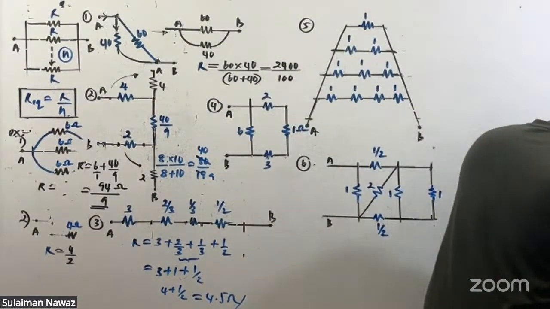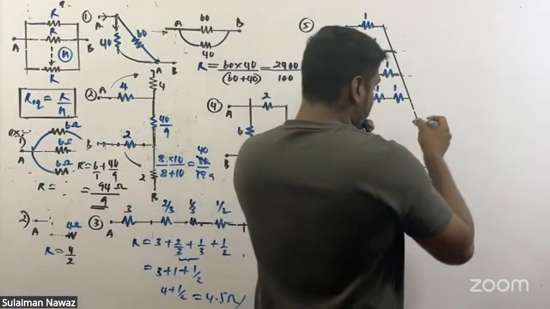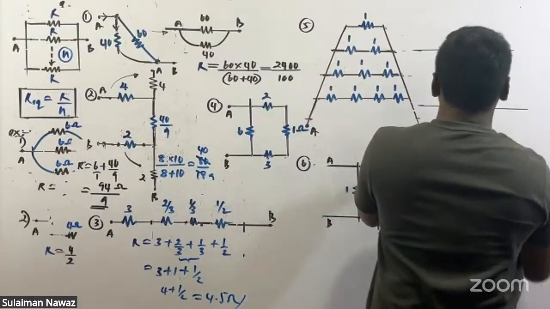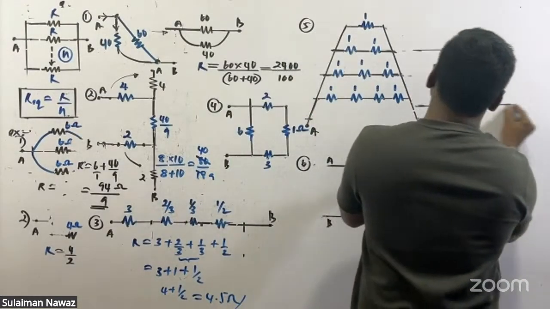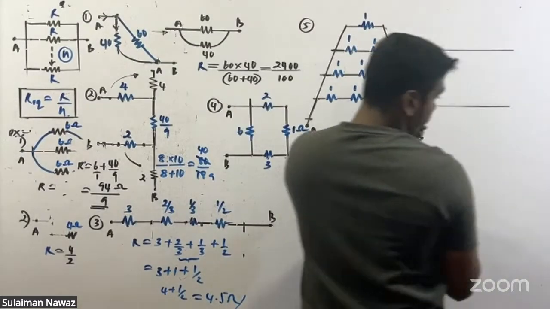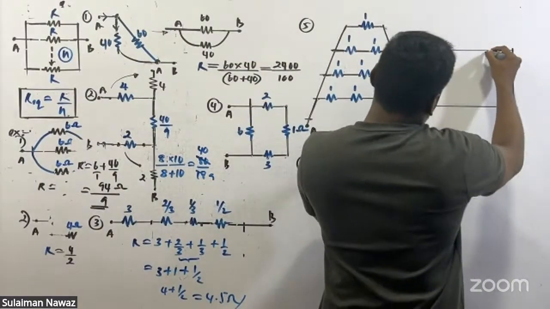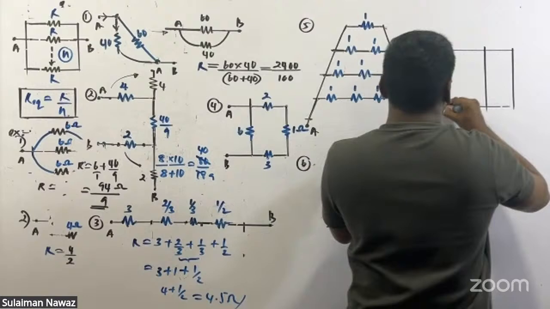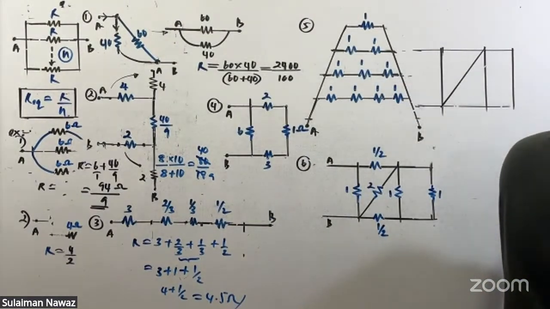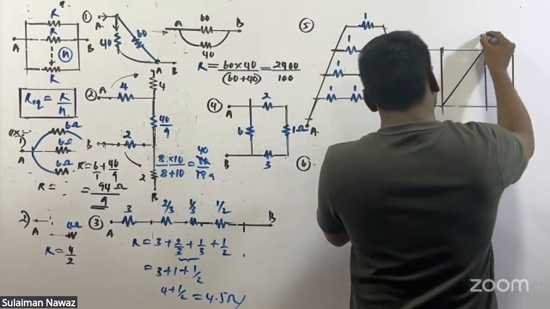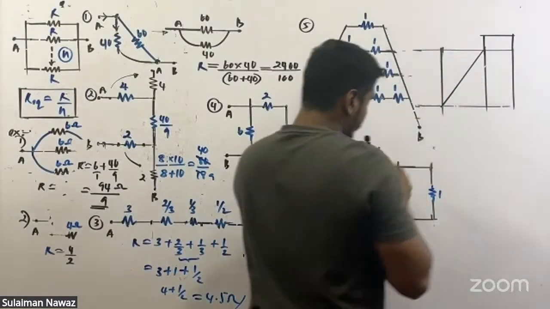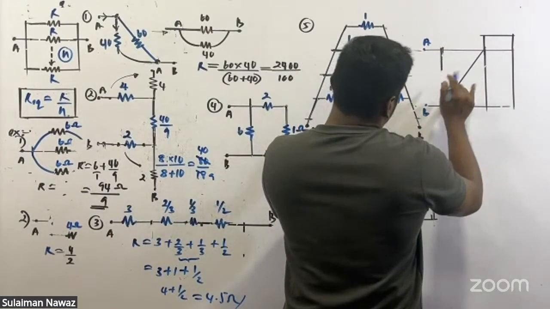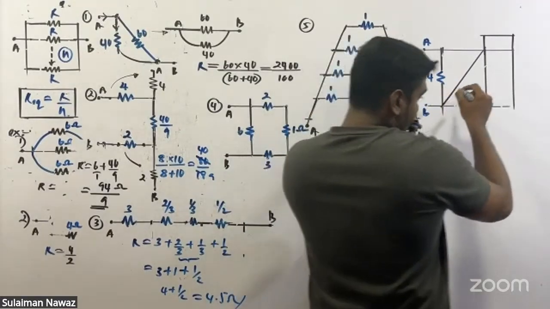And this, in seventh one also somewhat similar. 4 half.